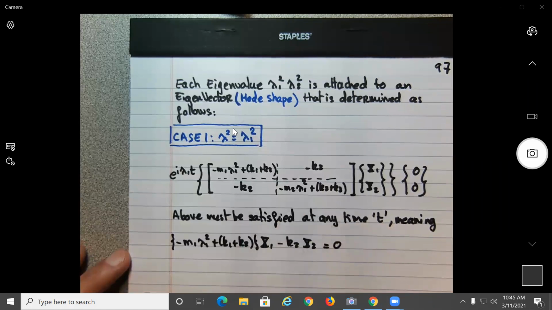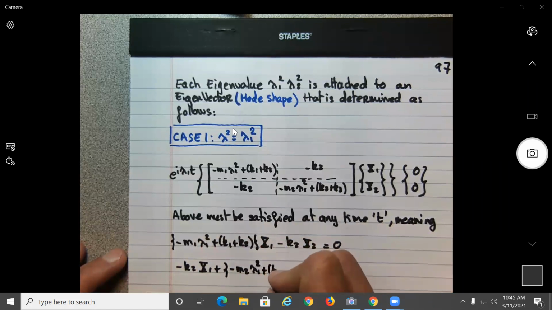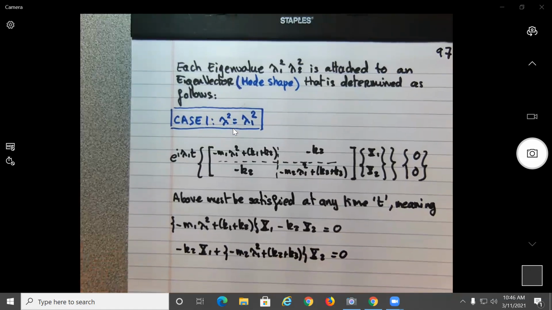The bottom equation will give you what? Minus K2 capital X1 plus minus M2 capital lambda 1 square plus K2 plus K3, times X2, equal to 0.